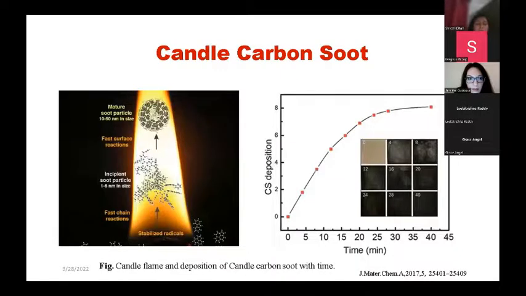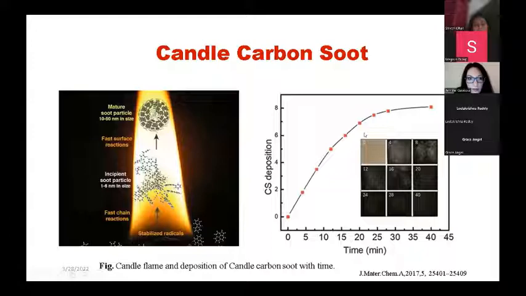Okay, this is a basic diagram of the candle carbon soot. We need one candle and one matchbox. With a single candle flame, we get a thick layer of candle carbon soot. It's our choice whether we go for a thin layer or a thick layer.